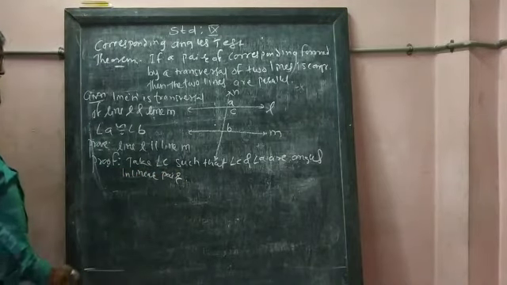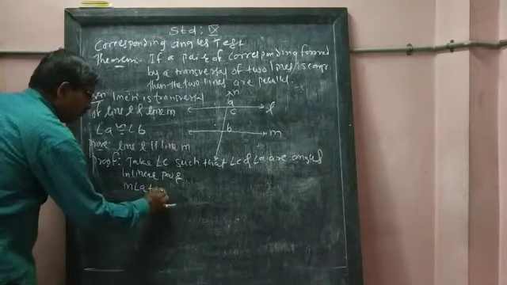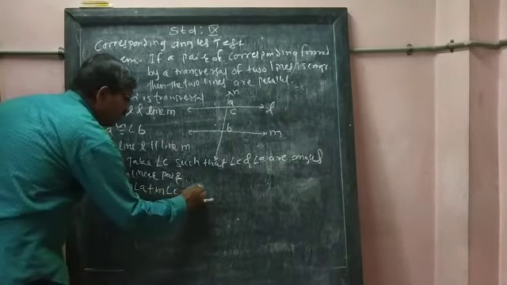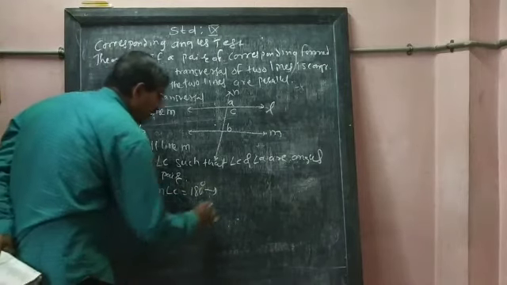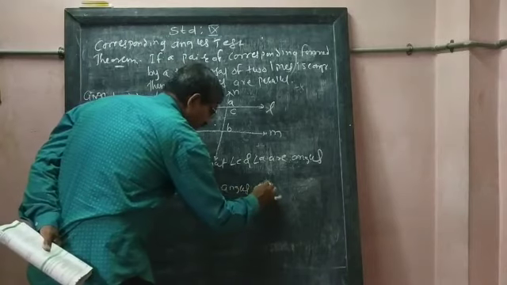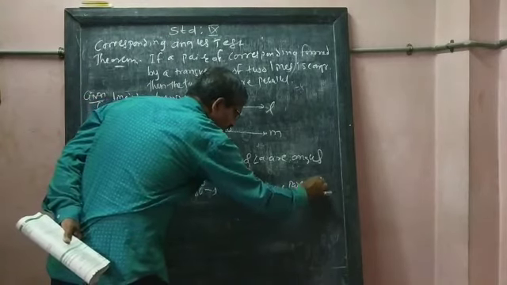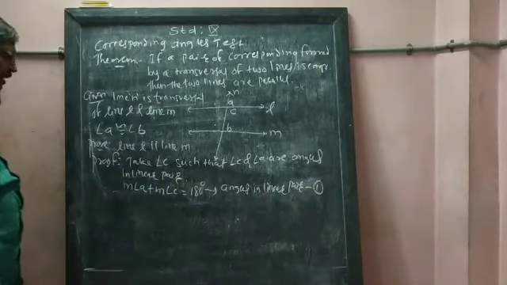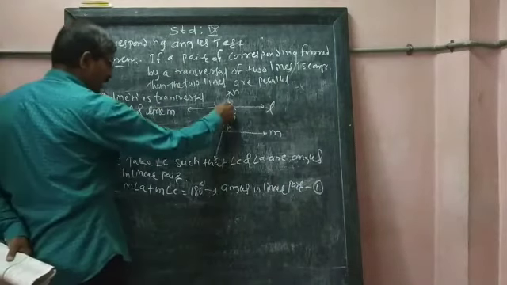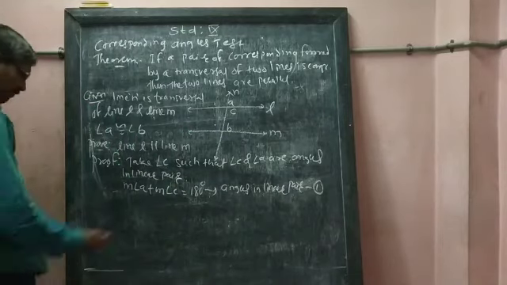Okay. Then what will happen? Measure of angle A plus measure of angle C is equal to 180 degrees. What is the reason? Angles in linear pair. This is number 1.